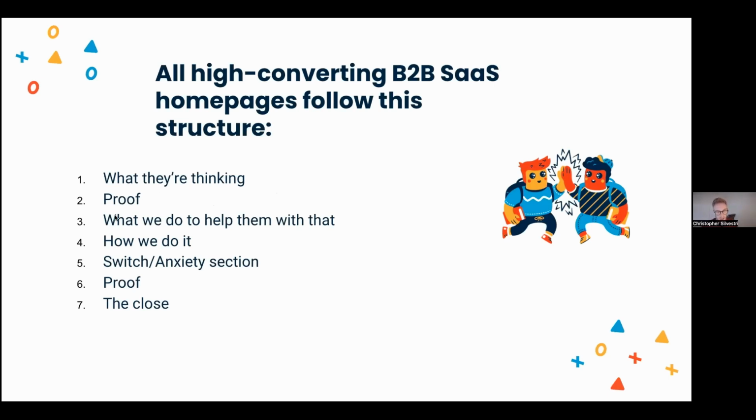The second part is proof. So proving immediately what you just said, and that you have legitimacy to say what you just said at the top. Third step, it's telling them what you do to help them with what you just said. Then we go into how you do it better or in a different way.